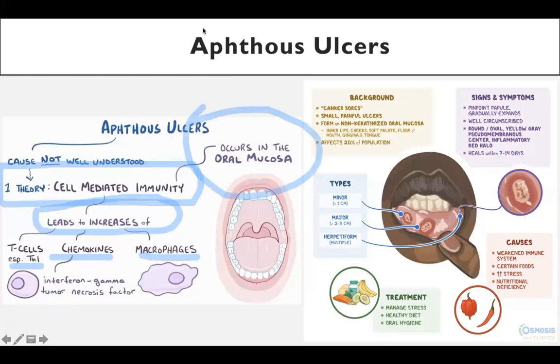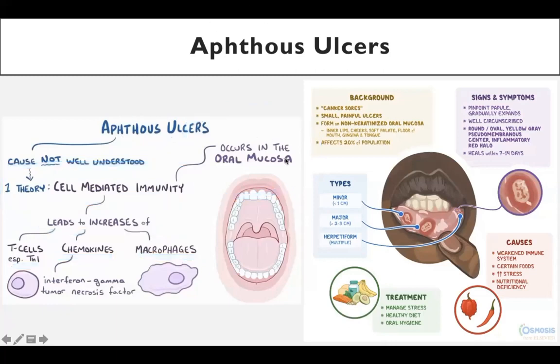That's why aphthous ulcers are studied under oral ulcers, and because they cause recurrence again and again, they are studied under recurrent aphthous ulcers.